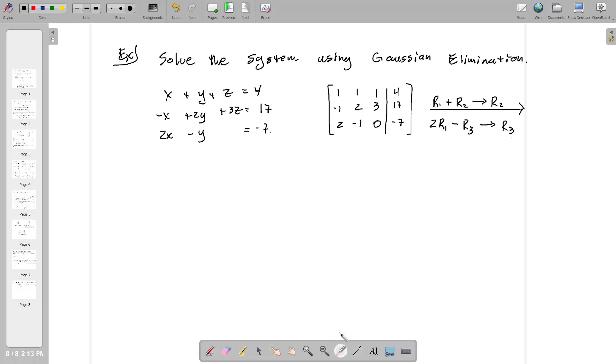So when you start out, you want to start out by only doing one row operation at a time until you get used to that. And then after a while, after you've had enough practice, you'll be able to do multiple row operations to save space on your pages, because these problems take up a lot of space. Here, it's okay to do two operations because we're replacing different rows.